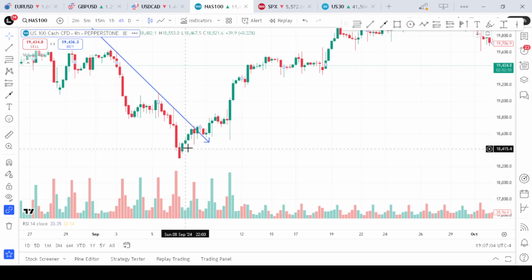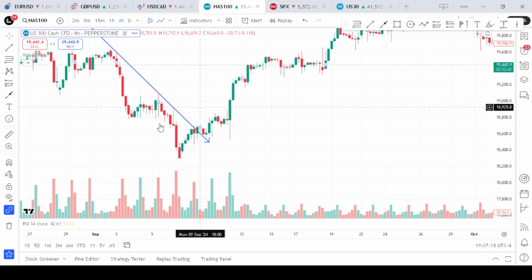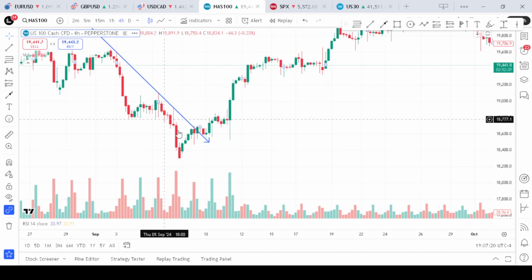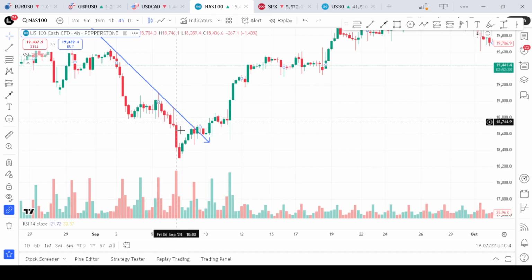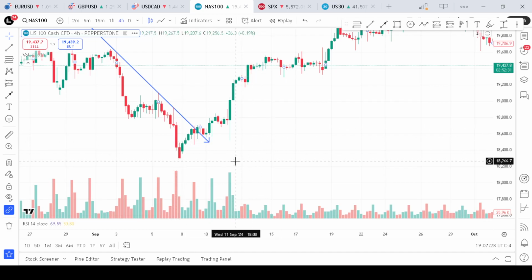Remember, the first 3 candles should show progressive lower lows. Then we have to confirm the selling pressure.